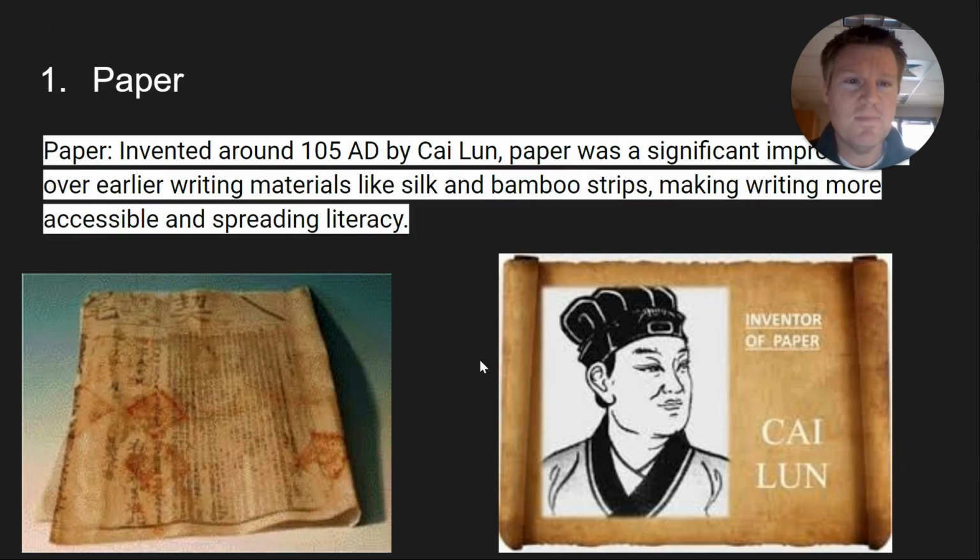So the very first major invention was paper. It was invented in 105 AD by Kai Lun, and this was a significant improvement over the Egyptian papyrus and other crude forms of wood bark and leaves and things that people were writing on prior to this. Like tablets, for example, they weren't as flexible as paper.